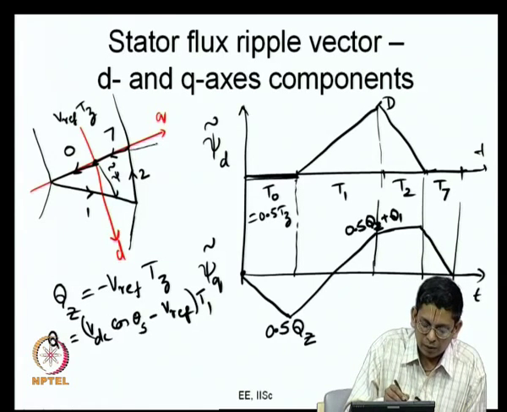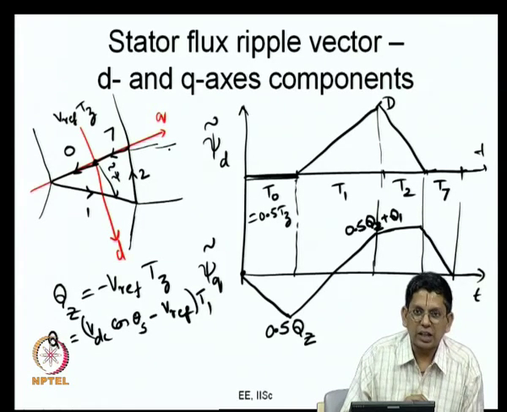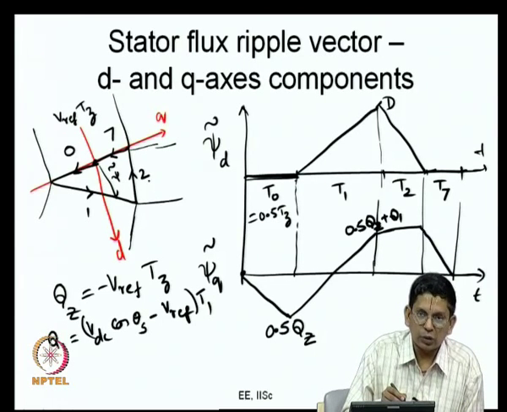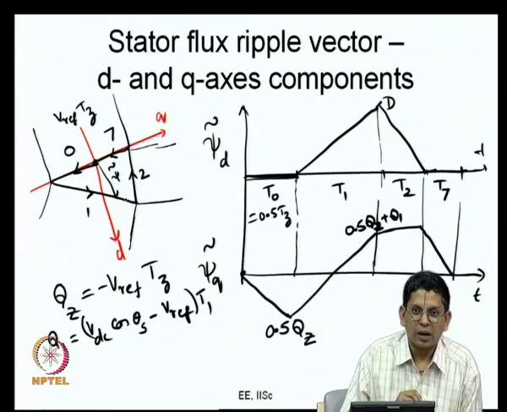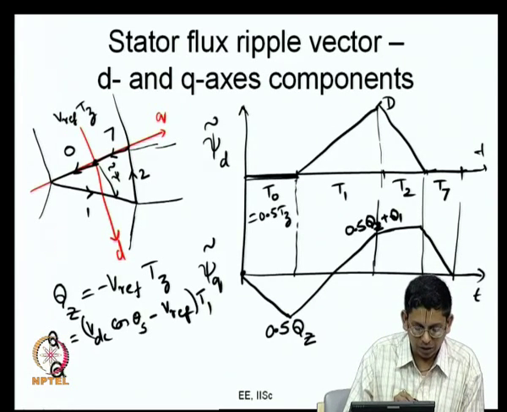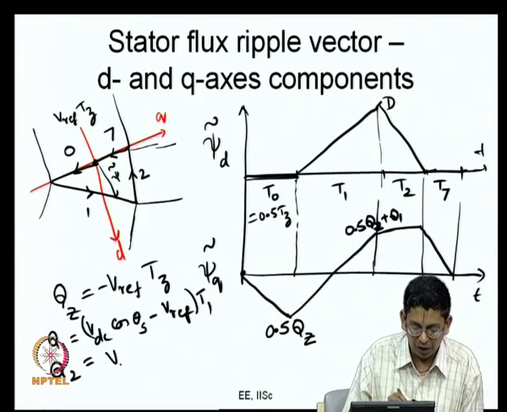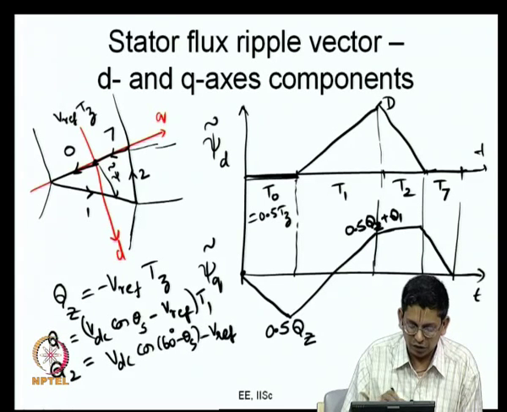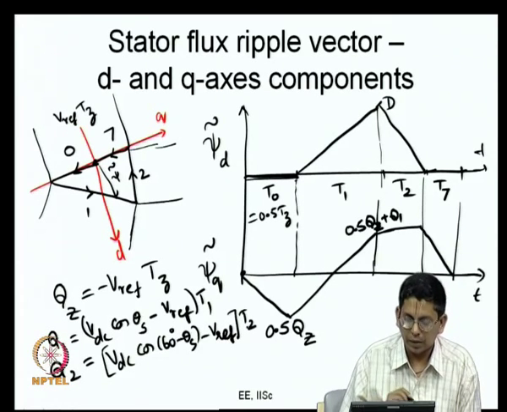Again you take this one, there is another side of the triangle. What is that side equal to? That corresponds to the state 2. So the error voltage vector is V 2 vector minus V reference vector multiplied by T 2, that is this time, and its q axis component you can call q 2, which would be V d c cos of 60 minus theta s minus V reference, that is the error voltage component along the q axis, multiplied by T 2.